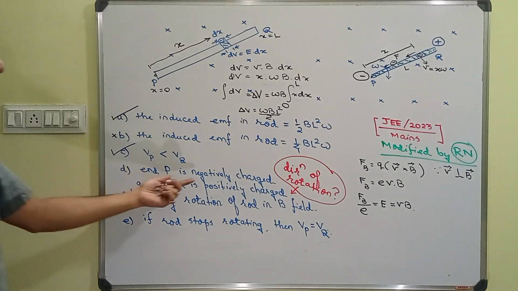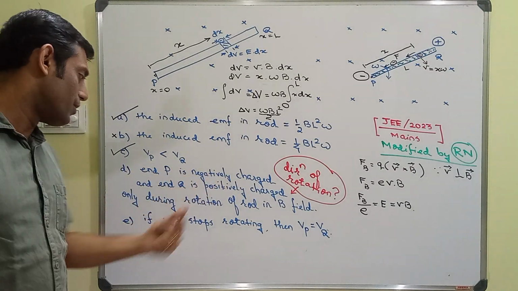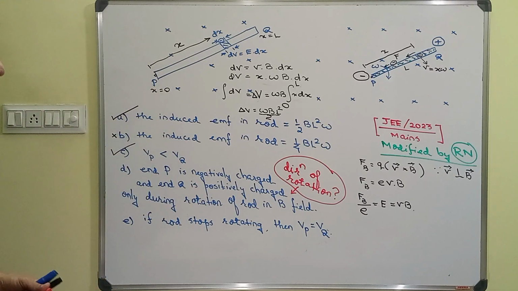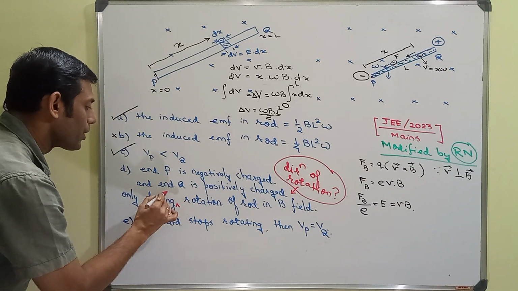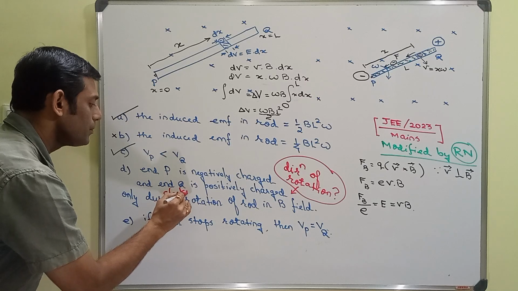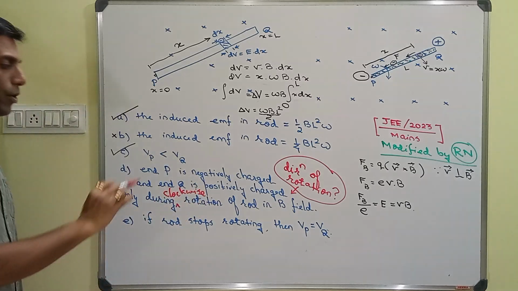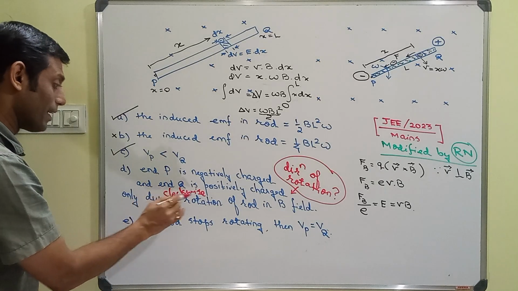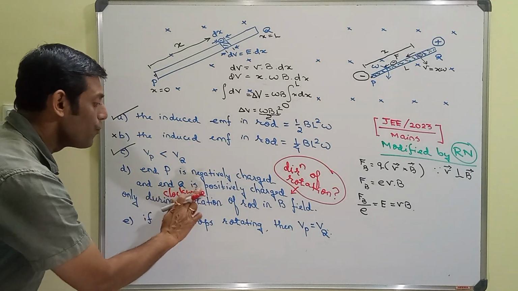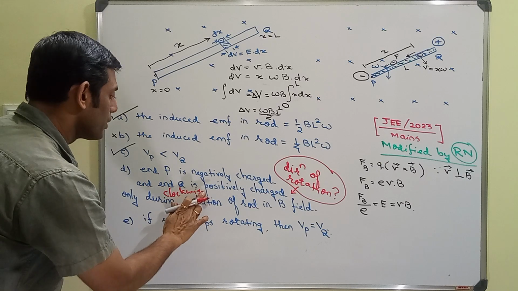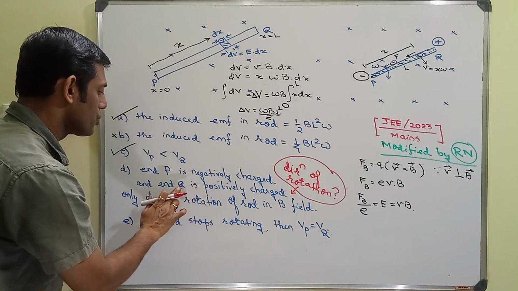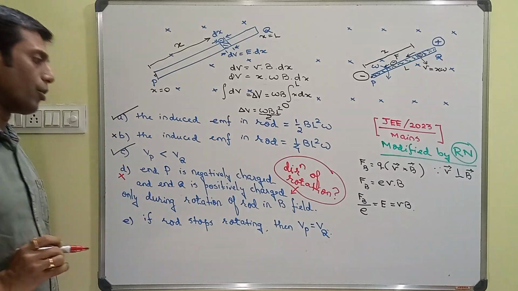So end P is negatively charged and end Q is positively charged only during clockwise rotation of the rod in B field, then this option would be correct. Without this clockwise, this option is not takeable. This is not in general true and so cannot be taken.